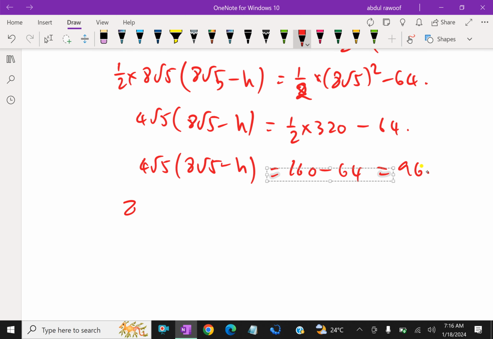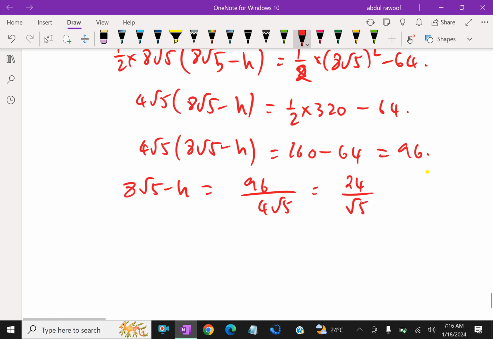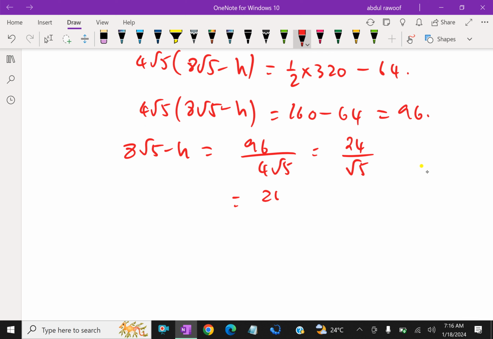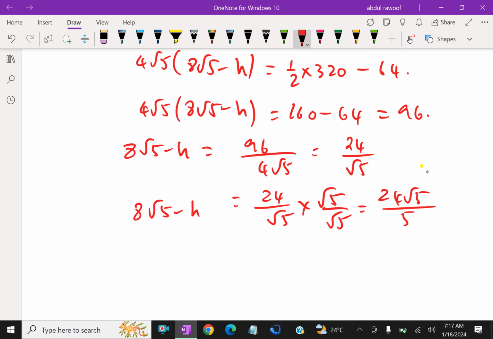Therefore 8 root 5 minus h equals 96 over 4 root 5, which is 24 over root 5. Rationalizing the denominator, multiply root 5 over root 5 up and down, we get 24 root 5 over 5, which is 8 root 5 minus h.